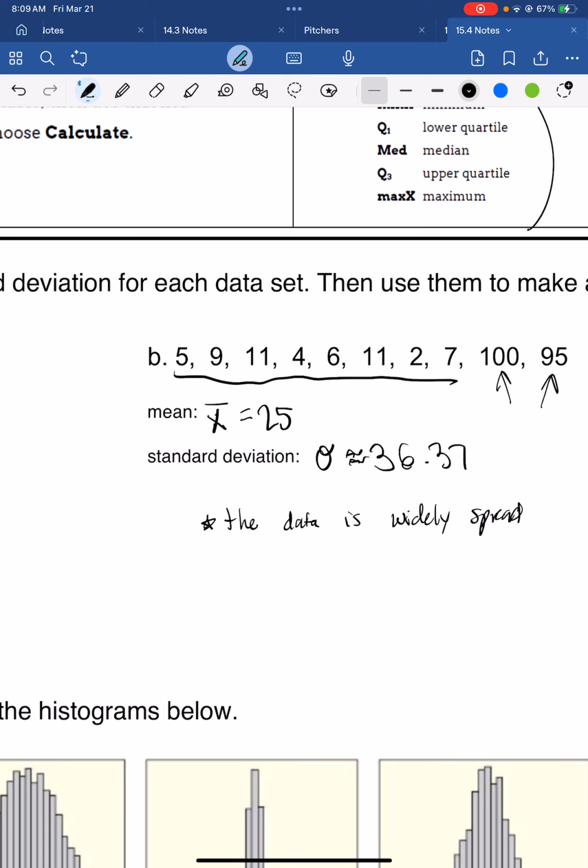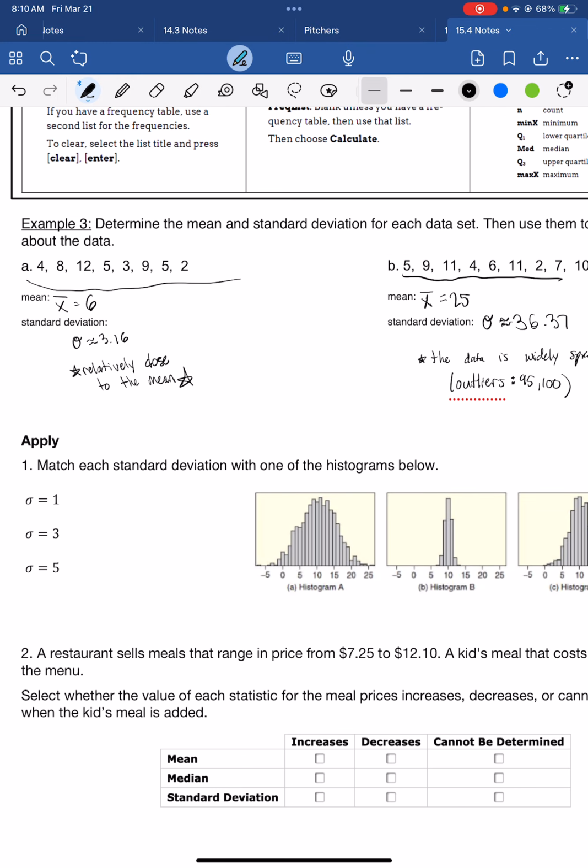And the reason is because of the 100 and the 95 over here, right? What we talked about briefly yesterday was that these numbers that are way far away are called outliers. So the outliers were 95 and 100. Since they're much bigger than the others, they're going to change your standard deviation.